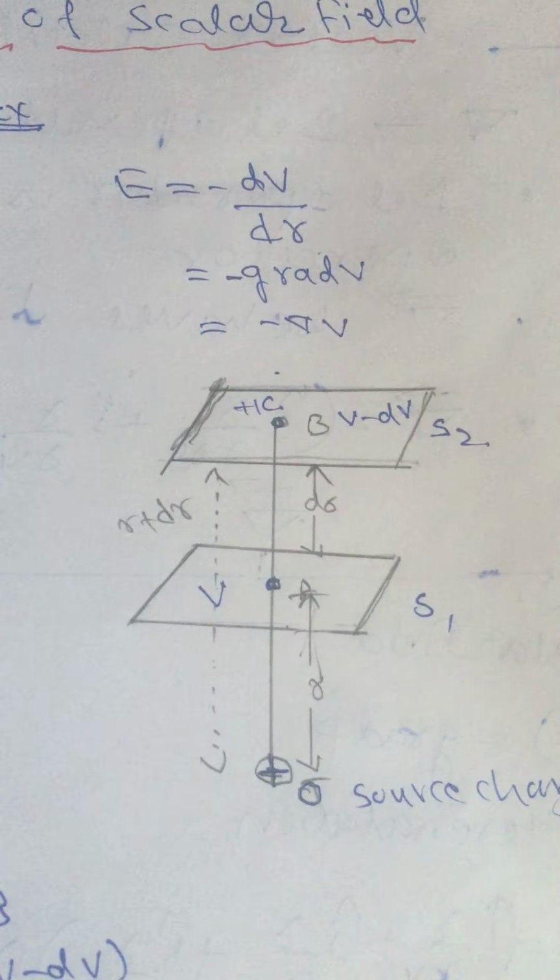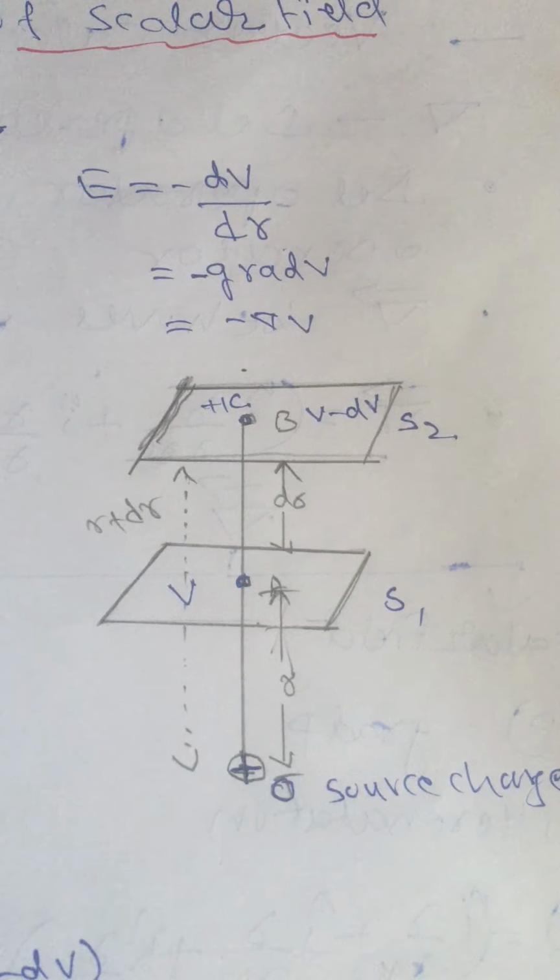Here you take a positive point source placed at O, then you take two surfaces, which we call equipotential surfaces, one is S1 and another one S2. S1 is placed at a distance r from O, and S2 is placed at a distance r plus dr, where dr is the perpendicular distance between S1 and S2.